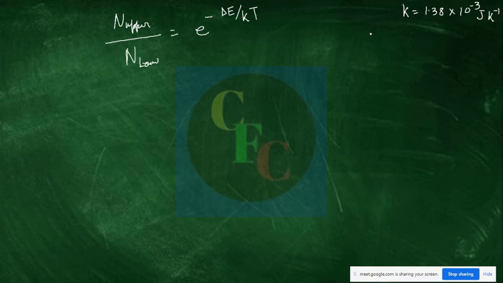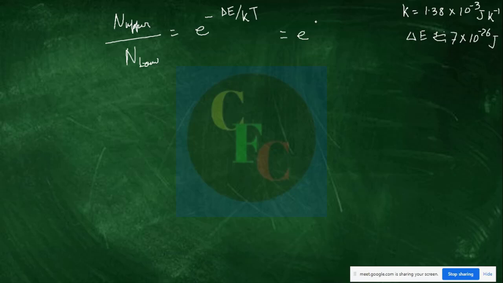Now at room temperature, this energy gap depends, as I said, on the magnetic field. Suppose we take a particular magnet, say 2.35 Tesla, or in the 100 megahertz region of radio frequency, whatever it is. That energy corresponds to nearly 7 into 10 to the power minus 26 joules.